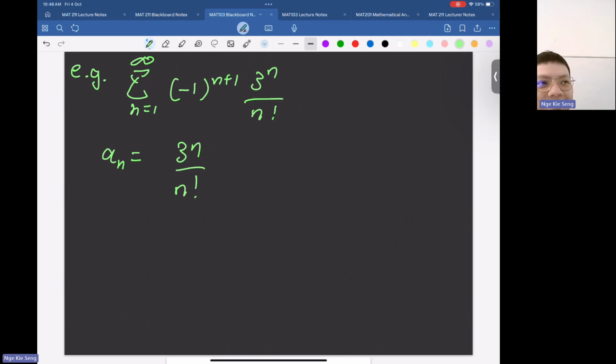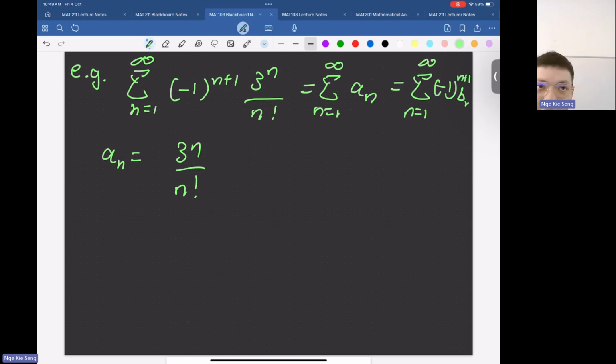When you use the ratio test, you regard the whole term as your an. This is different from the alternating series test, because in the alternating series test, we take the alternating sign out. We take the alternating sign out when we consider AST. But for the ratio test, you need to take everything.